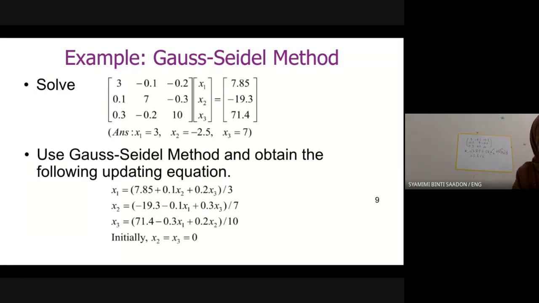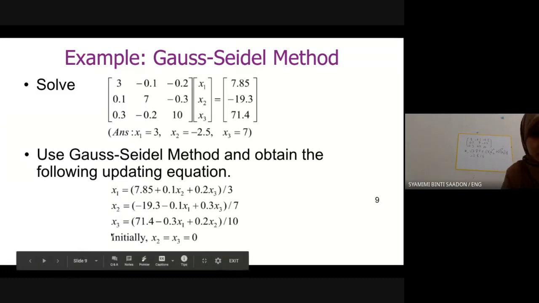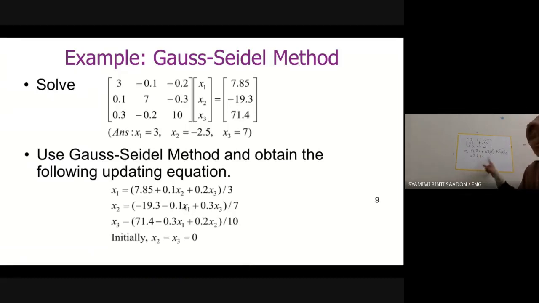Then for the Gauss-Seidel method, when you want to calculate x2, you already replace x1 with 2.616, not 0. If you use 0, that means that is the Jacobi method.